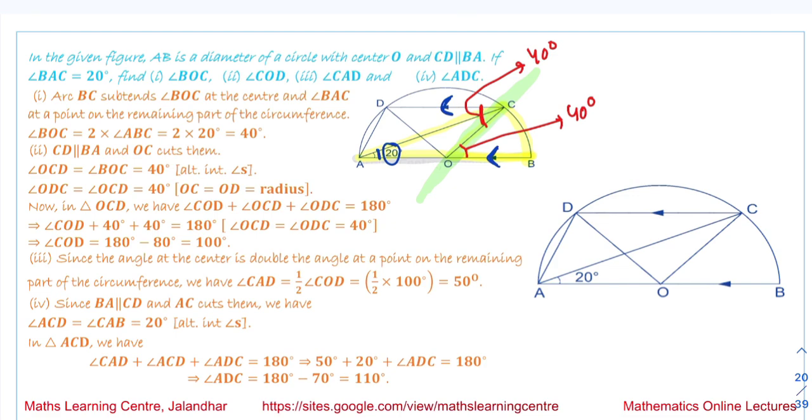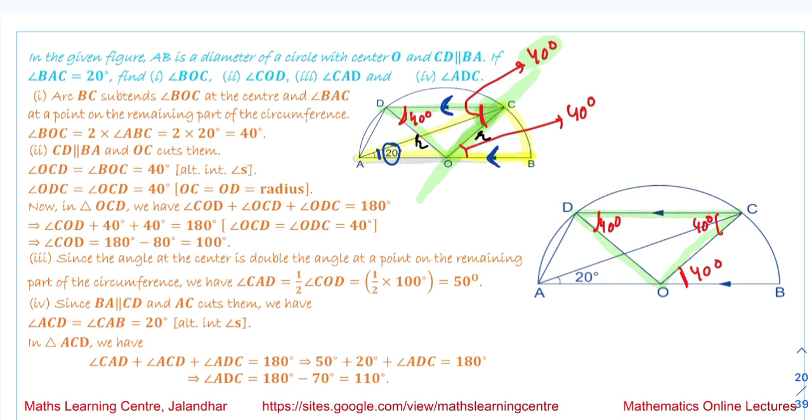Now OC and OD are both radii of the circle, so they are equal in length. In triangle OCD, this angle at C is 40 degrees, so the angle at D will also be 40 degrees.